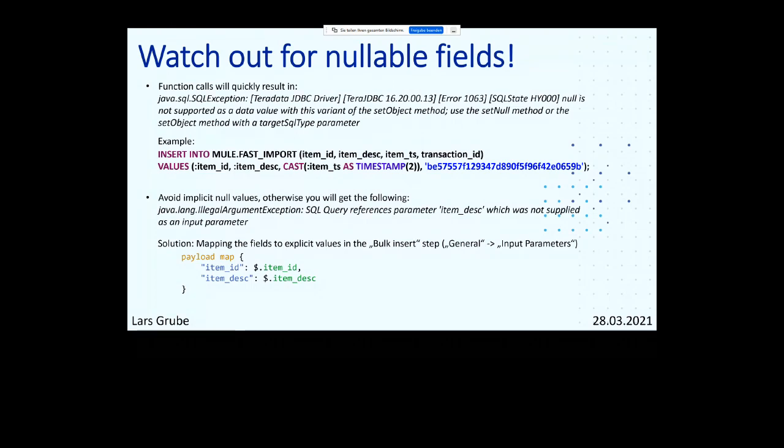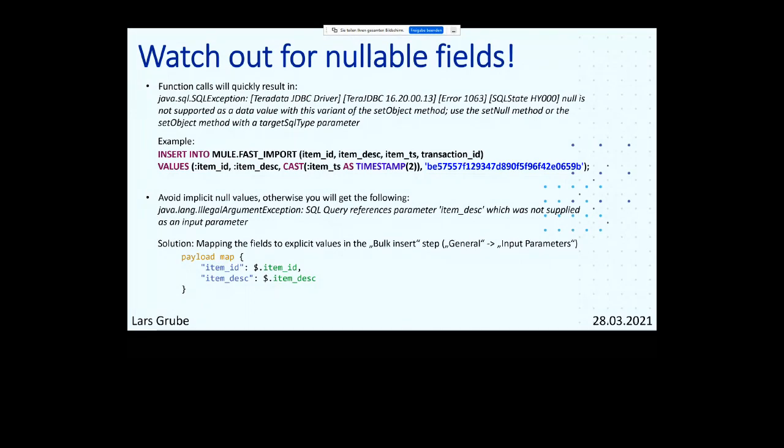And the other one is related to so-called implicit null values. This means when a field in your payload that is optional is not even included by its name, making it implicit null.